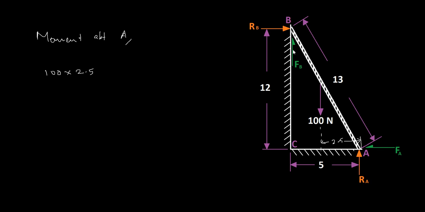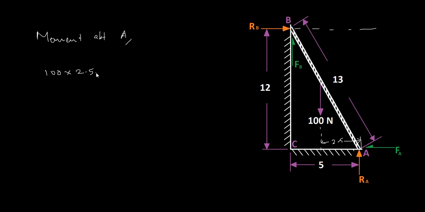Now the next force, Fb, there is no force because it's a smooth surface, and Rb is passing at a distance 12 meter from A. A is the point here, so the perpendicular distance between the line of action of Rb and A is 12 meter, and that is creating a clockwise moment, so that will be opposite to the sign of this 100 Newton force.